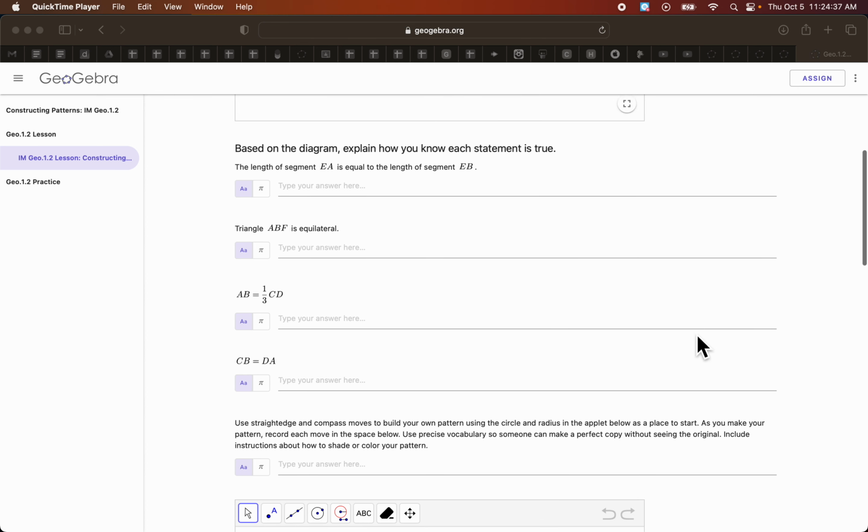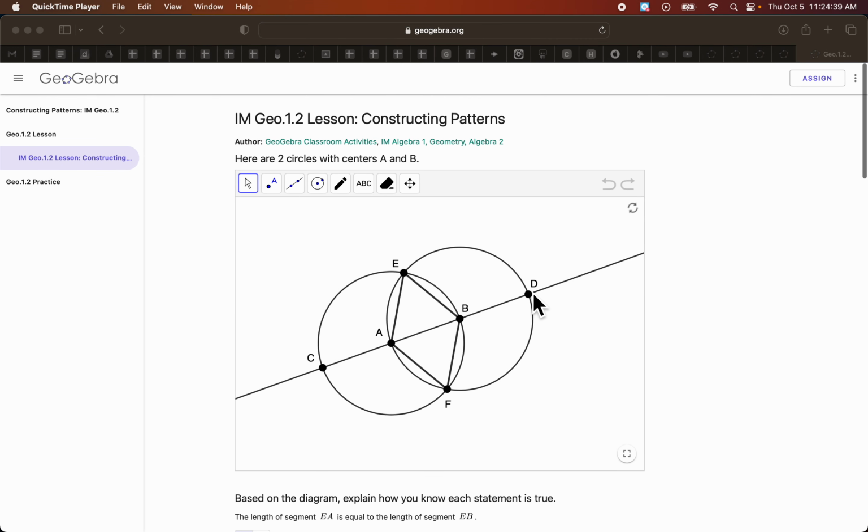Now looking at DA, same thing there, right? AB is a radius for circle B, or BA is, and then BD is, right? So again, this is a diameter from A to D. It goes across the circle and goes through the middle. That means that since these two circles are exactly the same size, the diameters are also the same size.